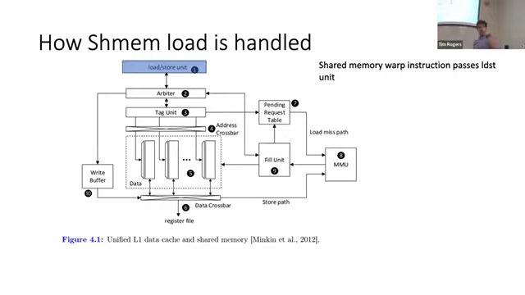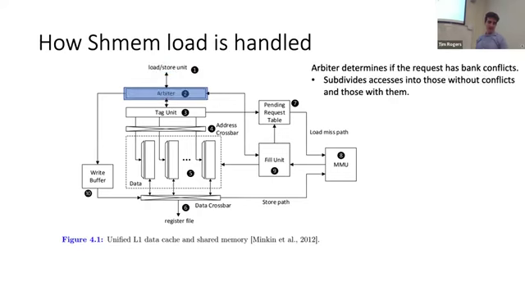Okay. So let's say that we're doing a shared memory load. This is the simplest conceptual thing that we can come up with. The warp instruction, so again, this is one instruction for 32 different threads, is going to come down out of the load store unit and into this thing. And then the arbiter is going to try to figure out what's happening here. Are there bank conflicts with this shared memory load?